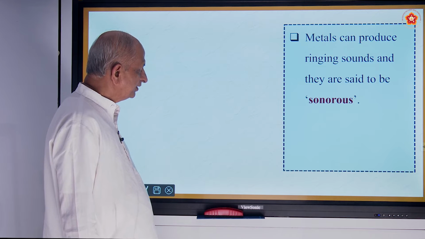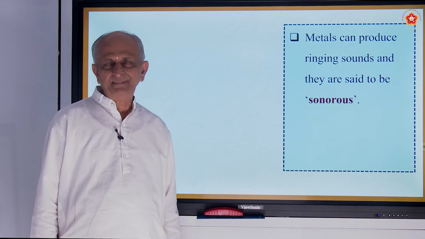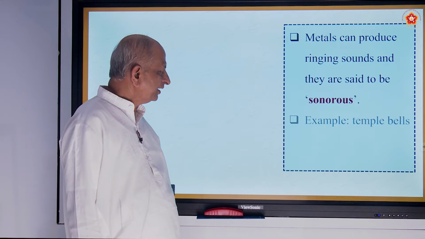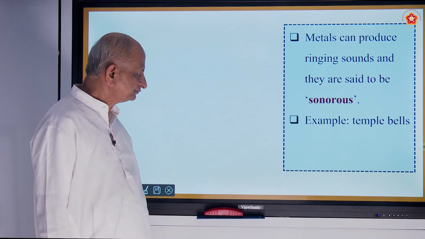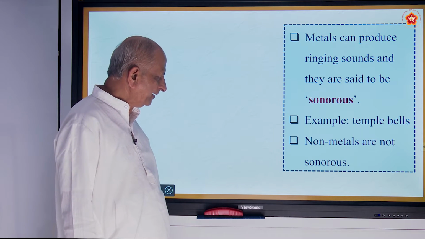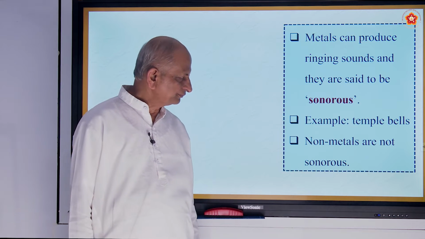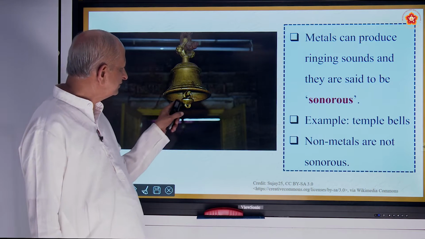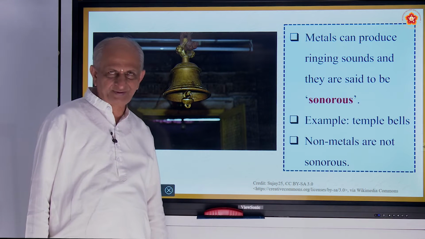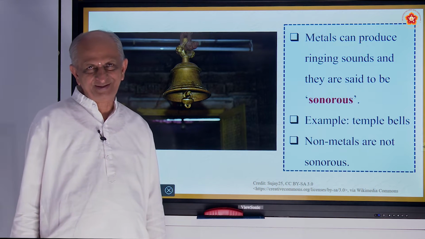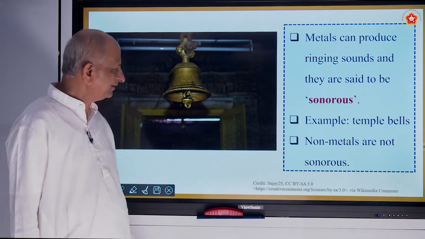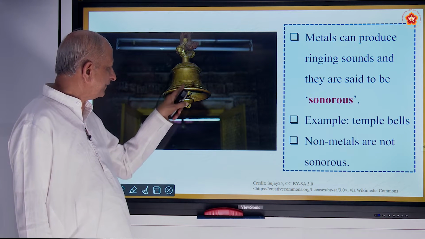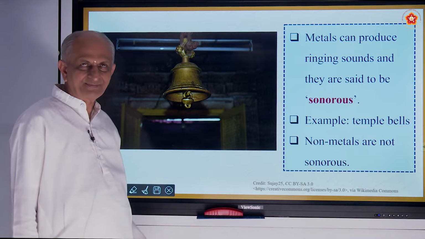electricity. And one more interesting property of metals is called ringing sounds. For example, in temple bells. And the property of ringing sound is called sonorosity. And I think all of you have seen in temples they keep bells like this.